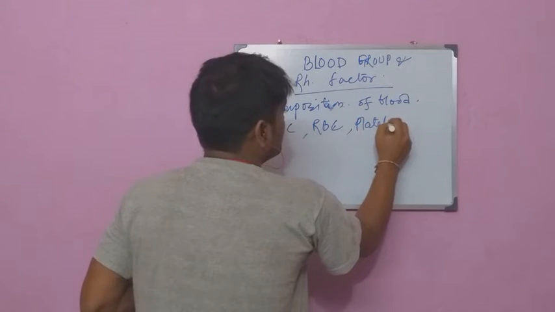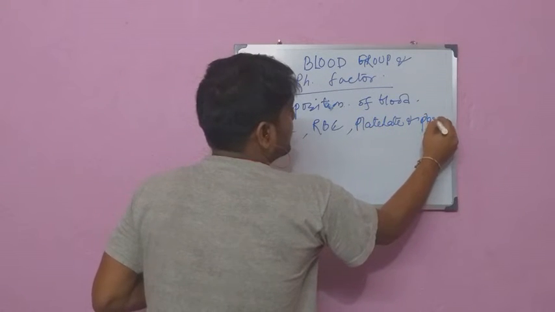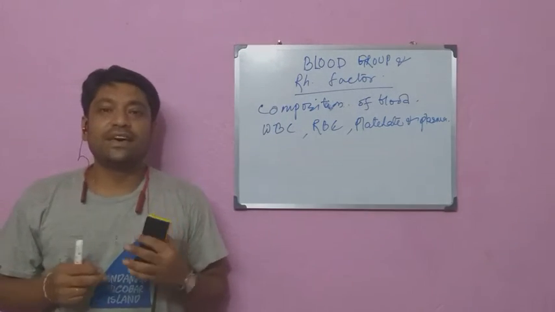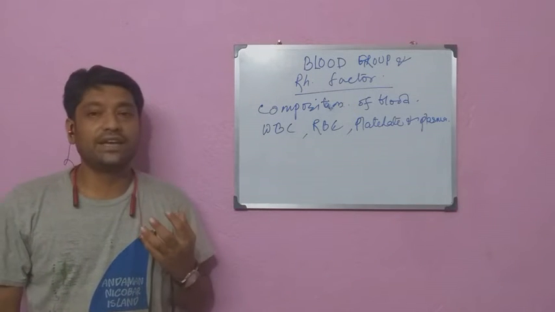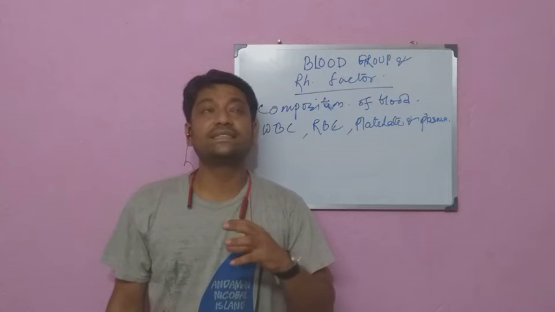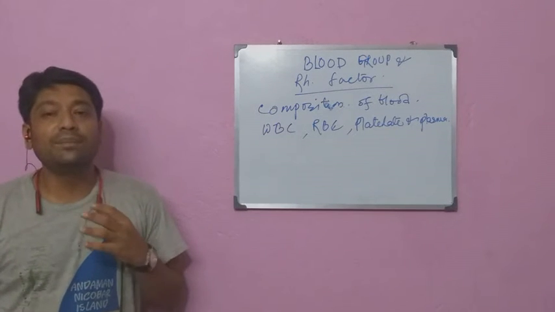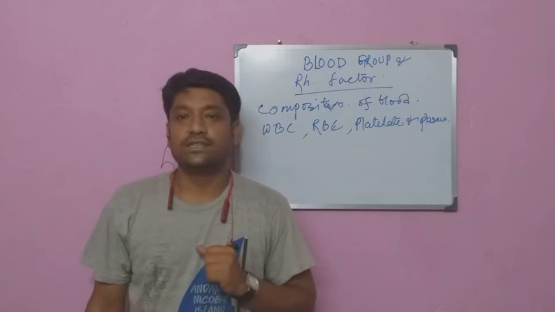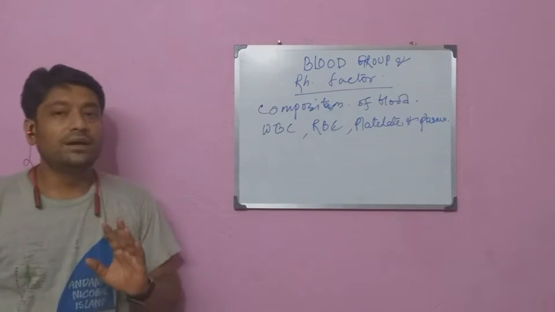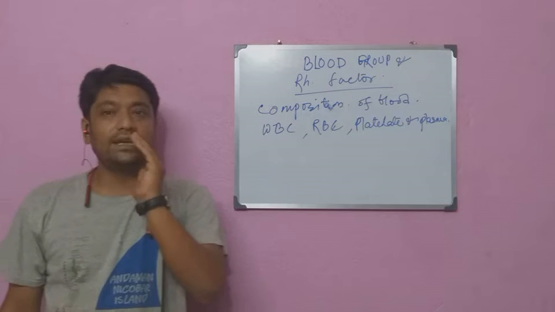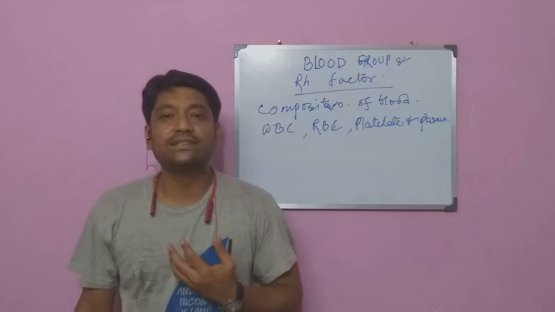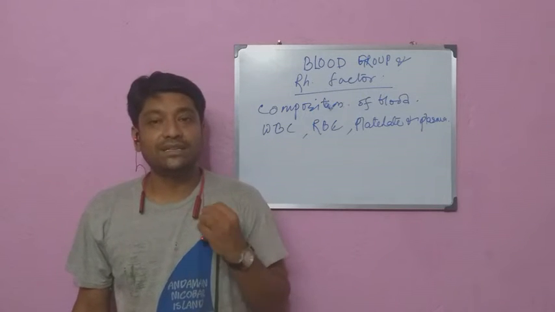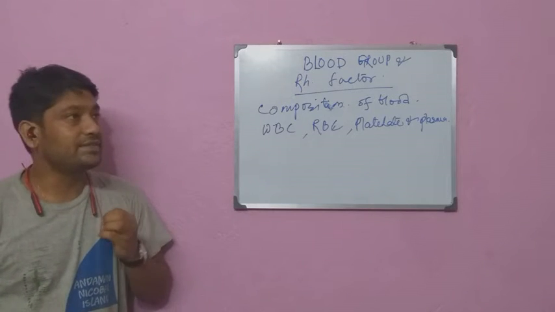Look students, the composition of blood is rather interesting and consists of erythrocytes, leukocytes and platelets suspended in plasma, along with millions of different molecules with their own specific roles and functions.